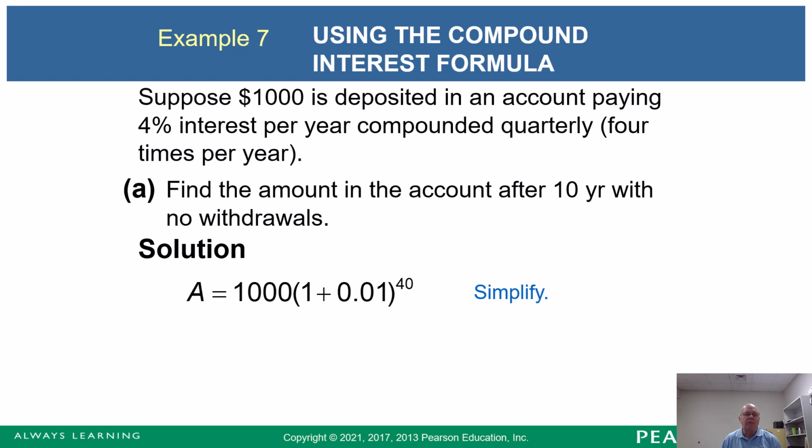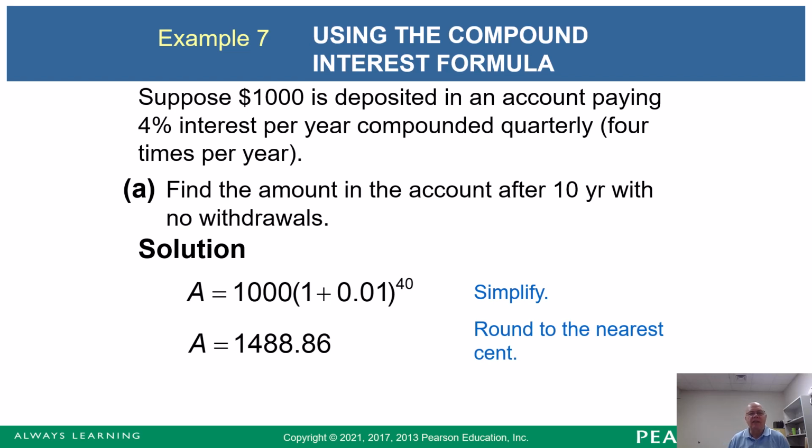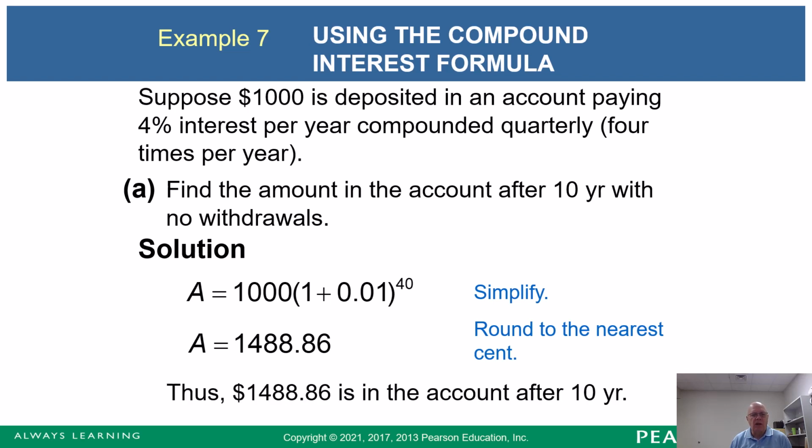So if you do it one piece at a time, you would have that, and that's how much is there at the end of 10 years, with $1,000 deposited, 4% compounded quarterly for 10 years. And of course, the calculator just gave you 1488.86. Remember, it's in dollars.